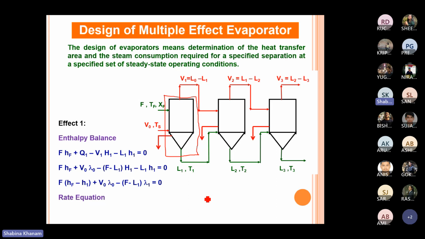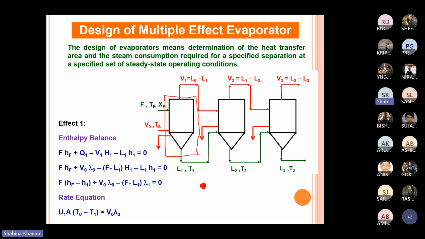The rate equation is how much heat transfer will occur. Heat is taken by this steam, that is V naught, and it is supplying V naught lambda naught to the system. So V naught lambda naught is equal to U1 A (T naught minus T1). So T naught should be this, not Ts. So T naught minus this effect's temperature, that is capital T1.